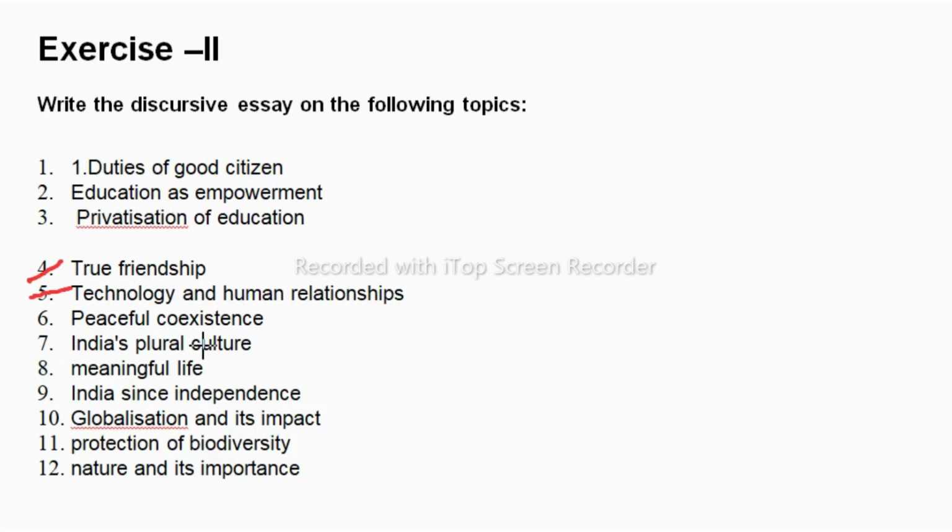Now let's see the next one, peaceful coexistence. First of all, let's see the meaning of peaceful coexistence. The meaning of this is better human relationships that help people of all countries to exist together peacefully. We live peacefully together. Generally, many obstacles to peaceful coexistence are found in this world.